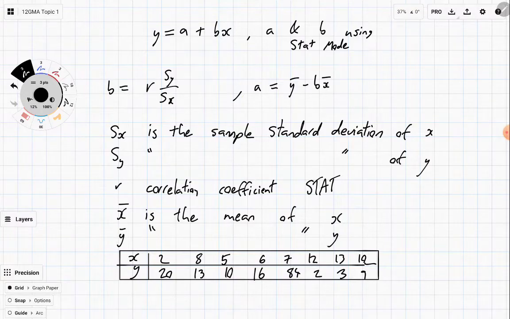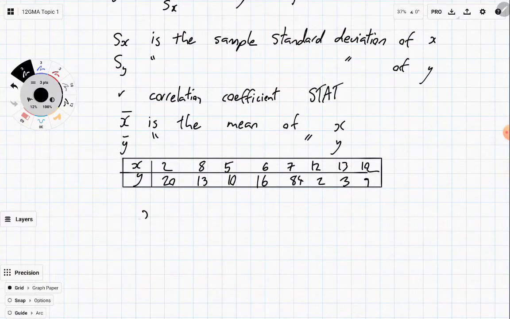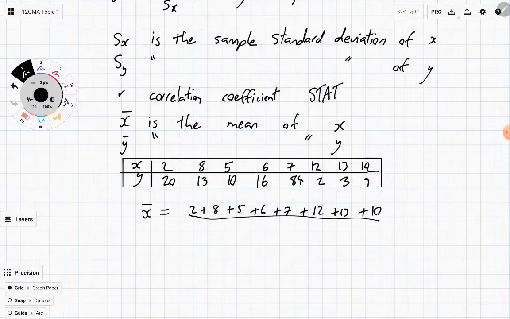Meaning traditional average. You add up all of the numbers. So in this case, if I wanted to calculate x hat, it would be equal to 2 plus 8 plus 5 plus 6 plus 7 plus 12 plus 13 plus 10 divided by, there are 1, 2, 3, 4, 5, 6, 7, 8 numbers here, so divided by 8. And that's how I could work out x hat exactly.